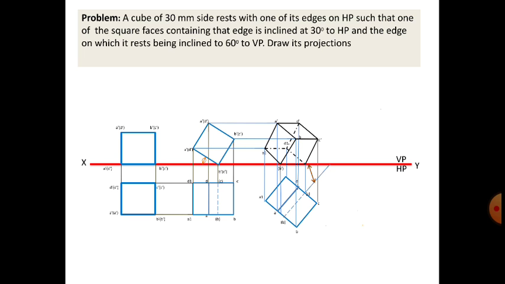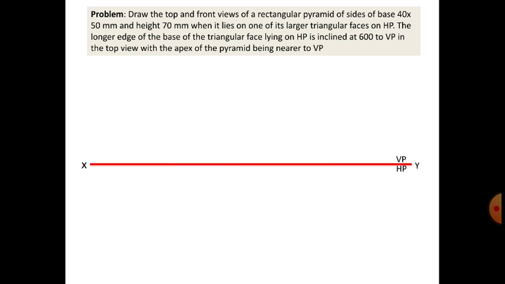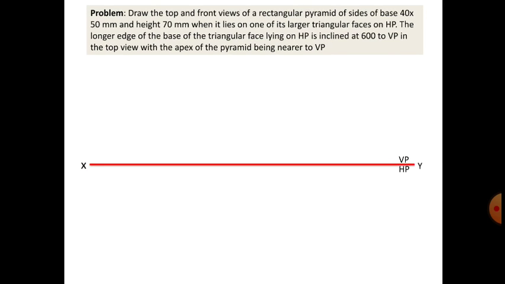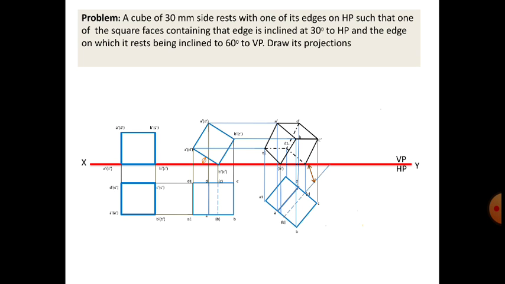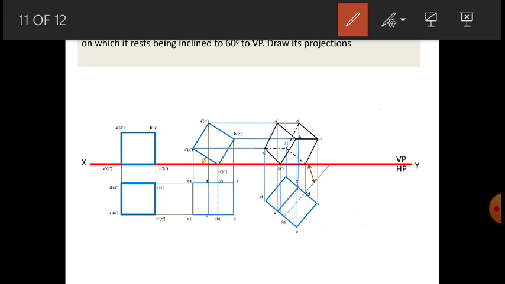If they would say one of its corners, if they would say one of its corner edge is resting, then your square would be in this form, like a rhombus shape, and this would make an angle like this. This would be the positioning of the square.